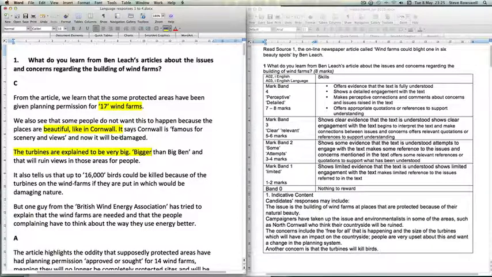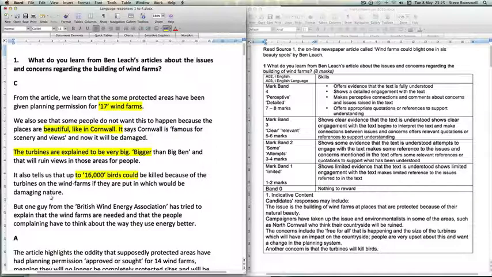By the fourth paragraph, however, they're getting into the issues in relationship to the article, the idea that 16,000 birds could be killed, and linking that to the turbines themselves. The end of the response, however, begins to push it into clear and relevant, because the candidate actually makes connections with an opposite point of view.